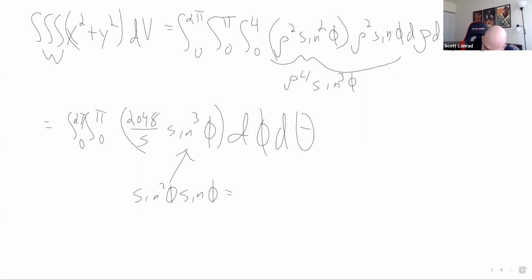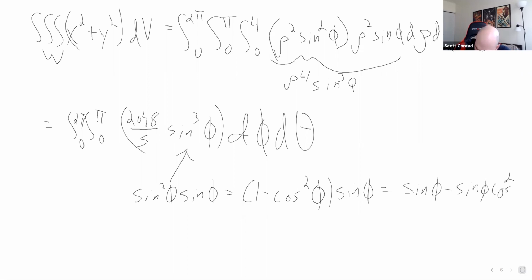And sine squared is 1 minus cos squared. The reason we do that is because we could just use substitution. So when we multiply through, we get sine phi minus sine phi cos squared phi. And then we can integrate sine phi easily, and we can integrate minus sine phi cos squared phi by letting u be cos phi, and then du is negative sine phi d phi.